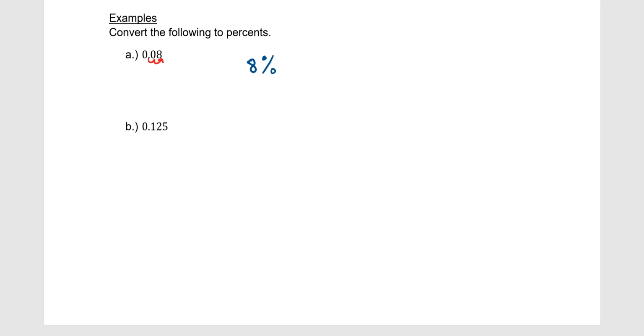And for the last one here, 0.125, we move that 2 to the right, and we get 12.5%. Okay, so it's simple as that for converting between decimals and percents.